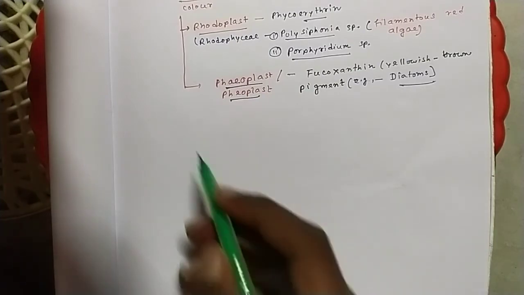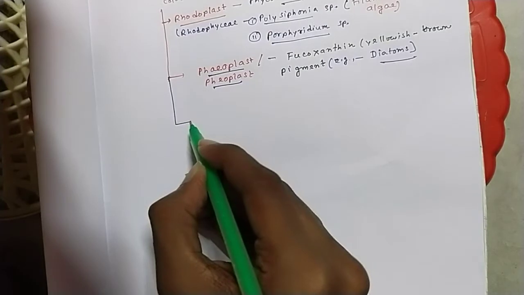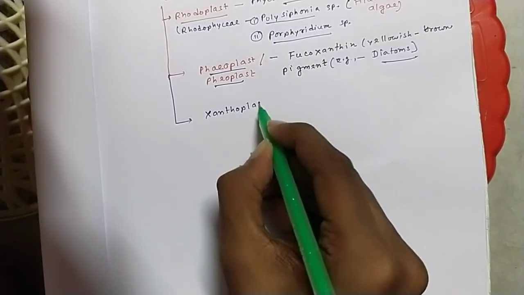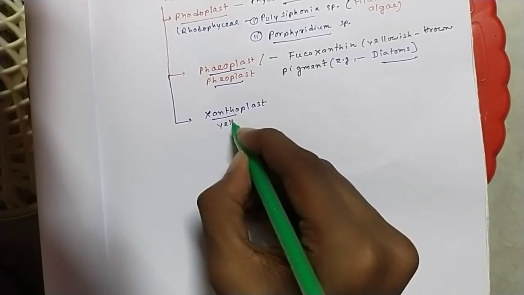Now after that we'll be talking about the xanthoplast. You know very well that xantho means yellow.